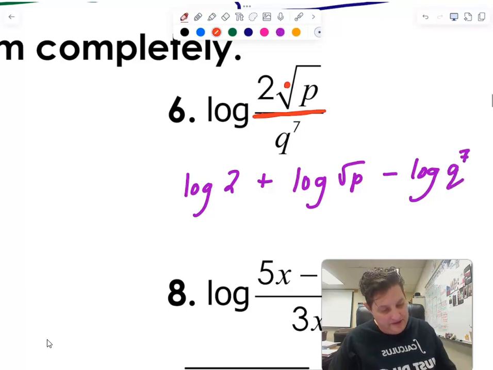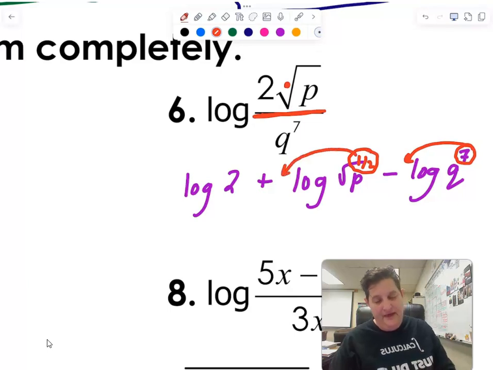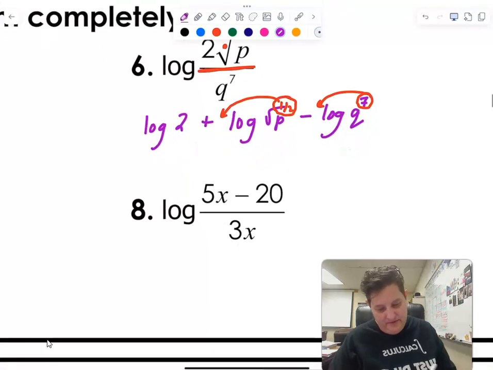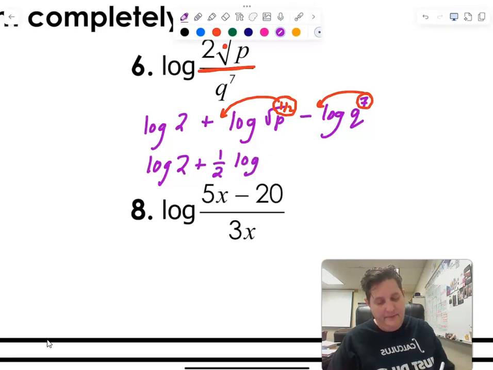Any exponents, like the 7, will come down in front. And this square root is actually a 1/2. Remember, square roots are 1/2, and that can come down in front. So here's how I would write this: log 2 plus, I would bring the 1/2 down in front, log p, minus, I would bring the 7 down in front, log q.